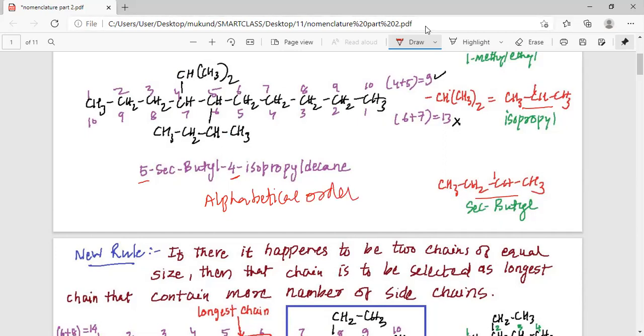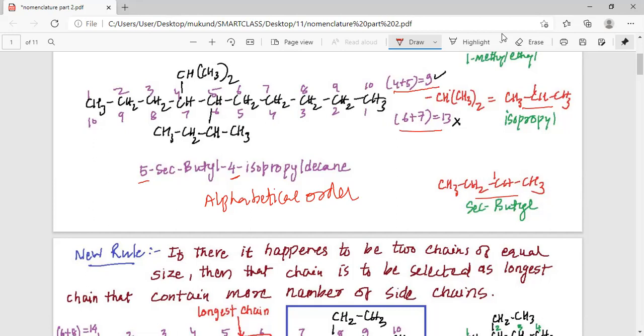and due to this, my dear students, we call it 5-secondary butyl 4-isopropyl decane. You can see that there are 10 carbons. We have tried various numbering systems. If we start numbering from the left side, we get the lowest number, and if we start numbering from the right side, we get the higher sum.